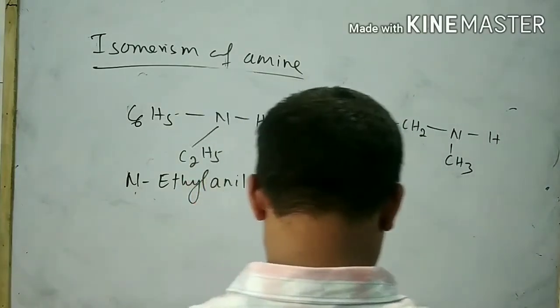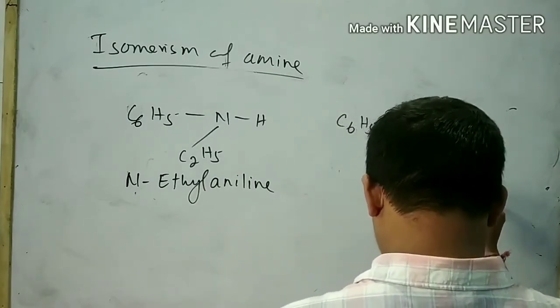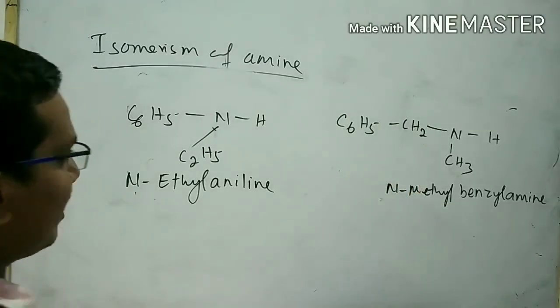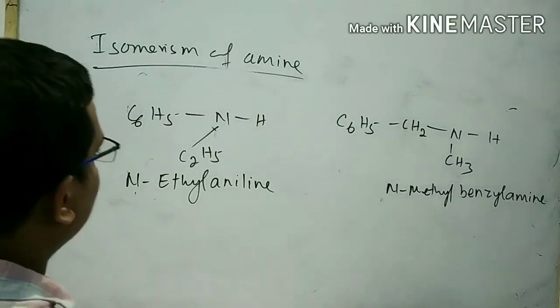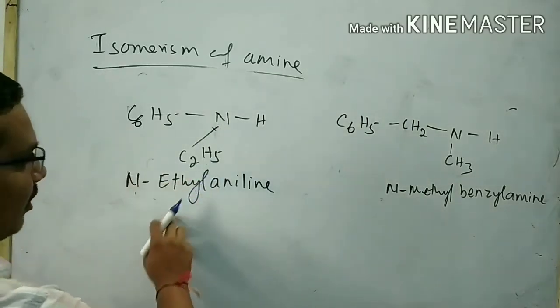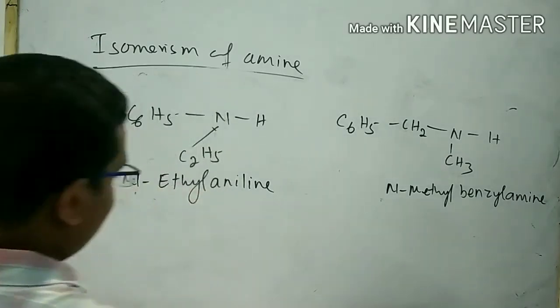The name of this compound is N-methylbenzylamine. They have the same formula but differ in the environment around a particular functional group, so they are called metamers of each other.